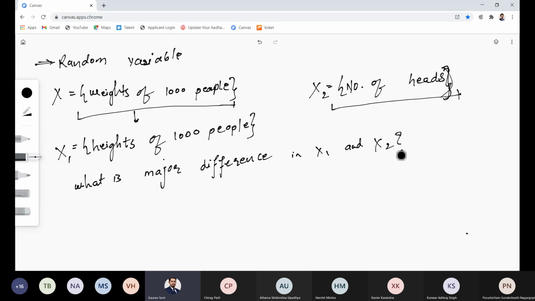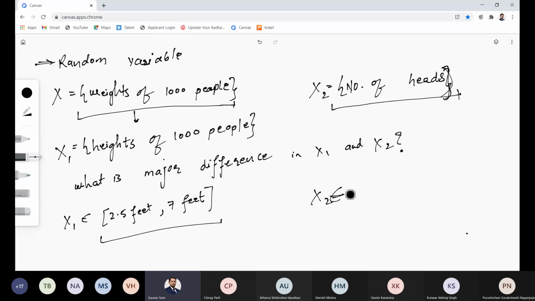Okay. So if I am looking at the heights, x1 may take any value in certain intervals. For example, 2.5 feet to 7 feet, right? So it can take any value in this interval. And x2 will always belong to whole numbers, right?